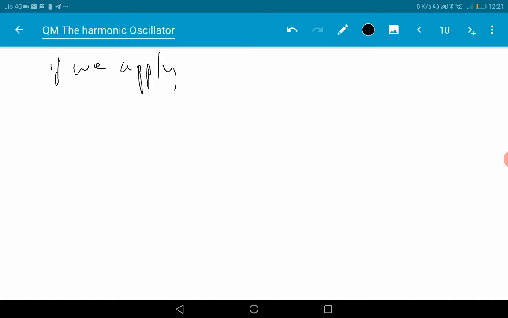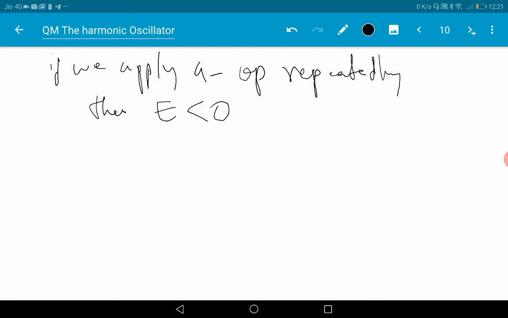If we apply the a minus operator repeatedly, then at some point E can get less than 0.